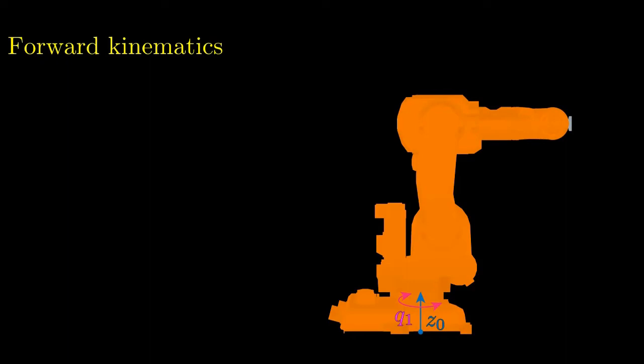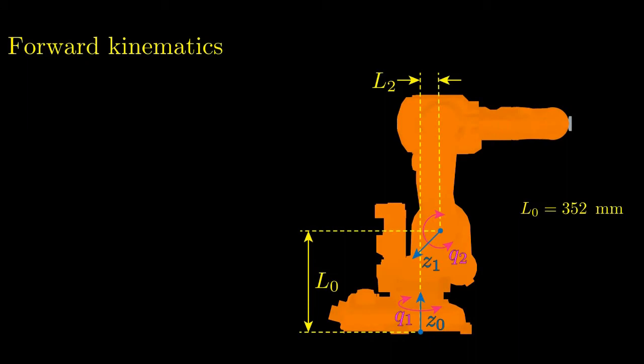Posteriorly, the joint Q2 attached to link 1 appears with its rotation axis Z1, whose origin was located at a vertical distance L0 and horizontal distance L2 from the origin of Z0.